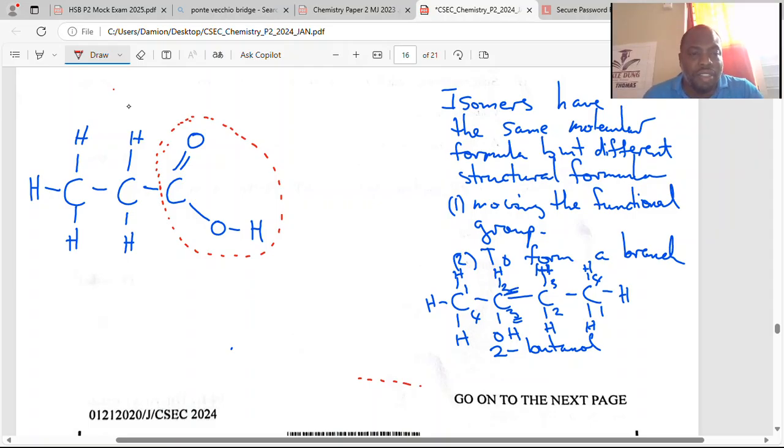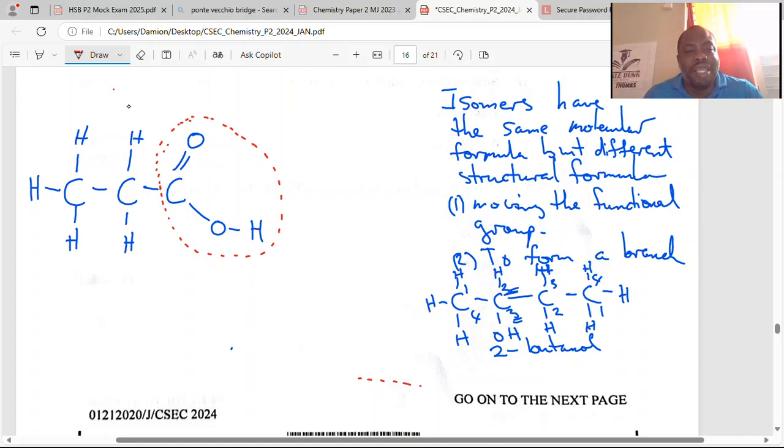Next thing, technically, once you get a carboxylic acid or an alkanoic acid or an organic acid, the functional group is always at the end. So you won't be getting any isomer question along this line because you're always drawing this part at the end.